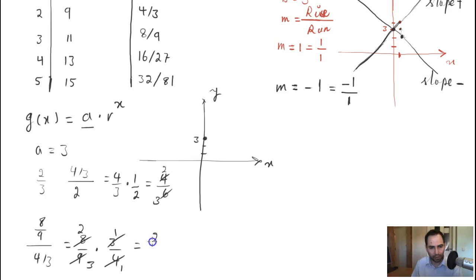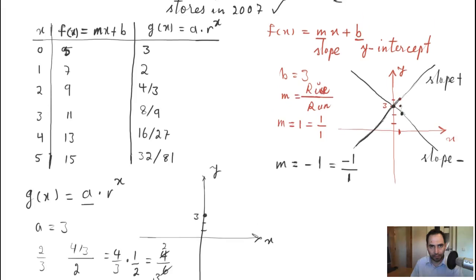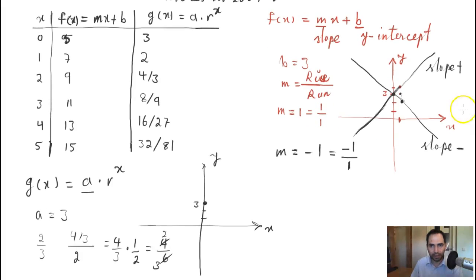So again, you would get 2/3. So basically any two successive terms, if you divide this term by this term, you will get 2/3 again.